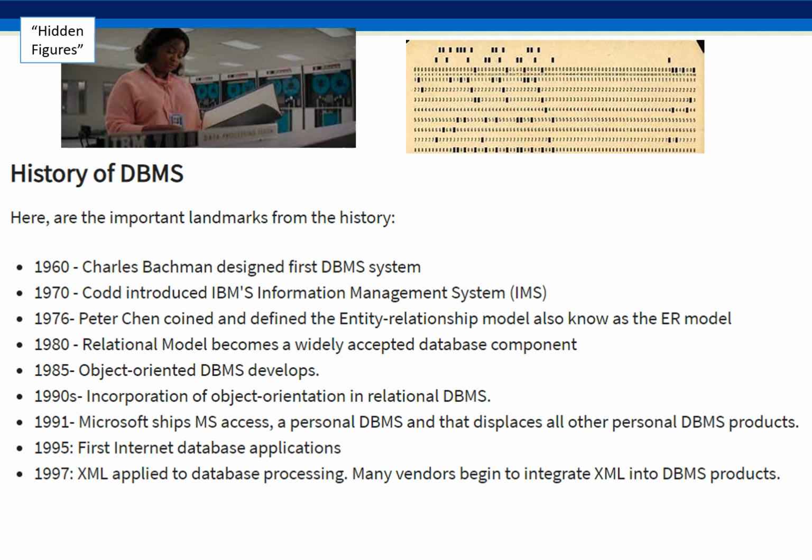So 1960 is when the first database management system came in. And then we have this gentleman with the last name of Codd. We'll talk a lot about him because he really was the beginning point, the one who said, wait a minute, there's got to be a better way to handle our databases. He introduced this idea.